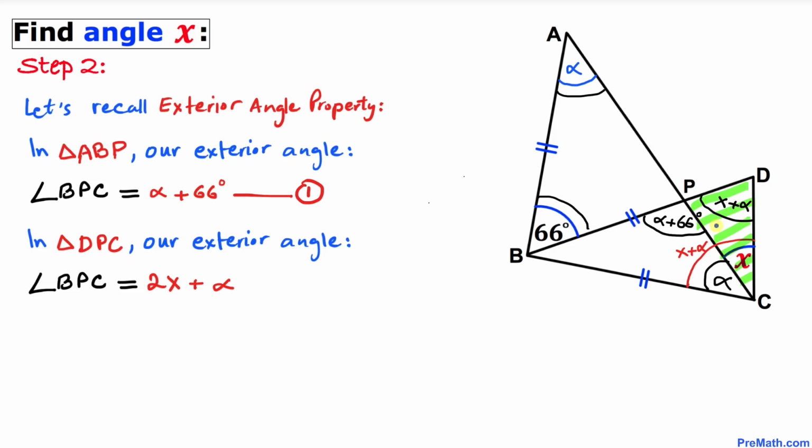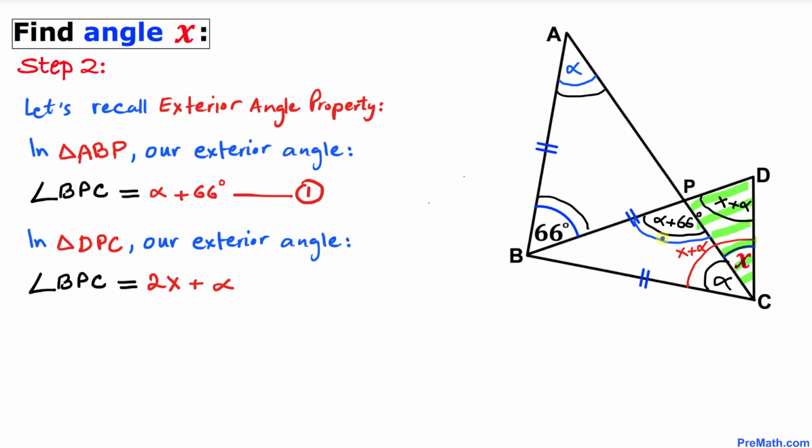And now let's focus on this triangle DPC, and we can see that our exterior angle for this triangle is going to be this angle as well, which is BPC. This angle is going to be equal to the sum of these two opposite interior angles, X and this angle X plus alpha.